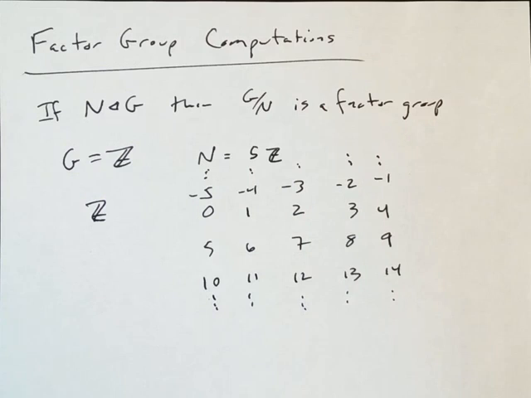But what I've done is I've aligned it via cosets. Cosets of what? Cosets of my normal subgroup. My normal subgroup is the multiples of 5. That's that first column.